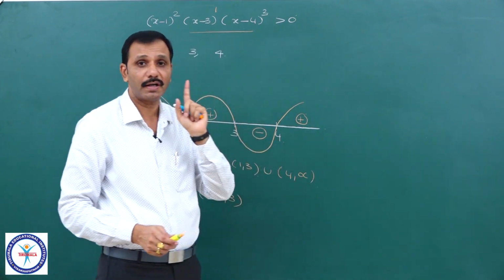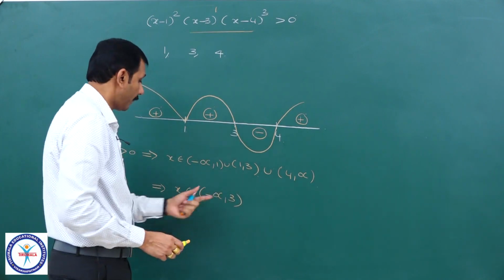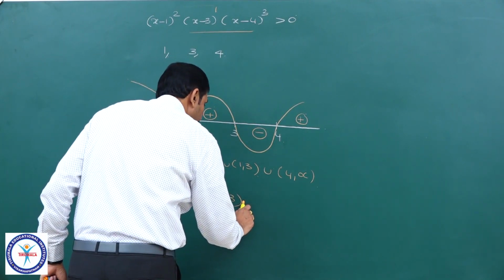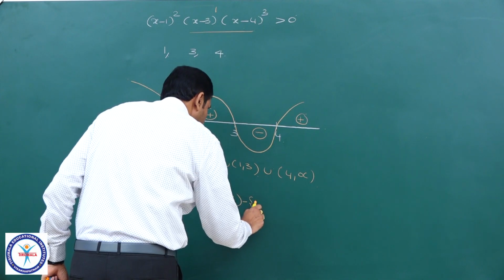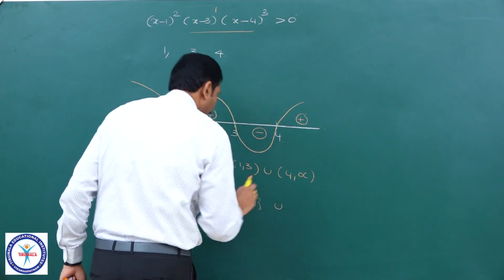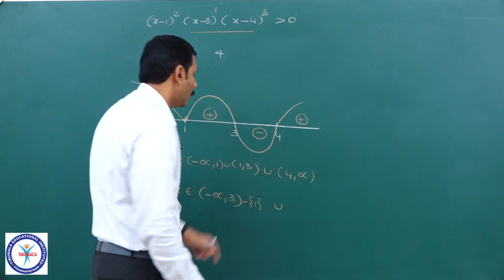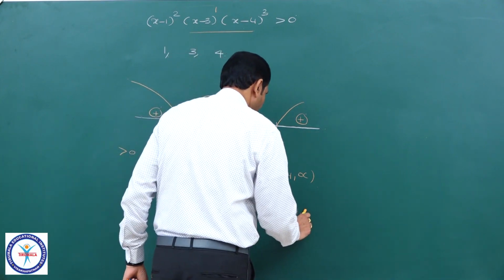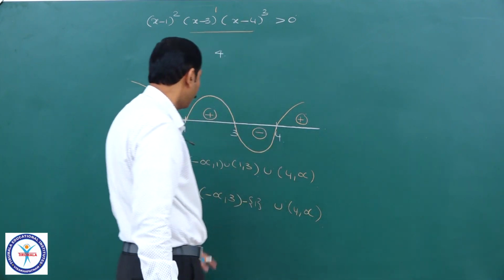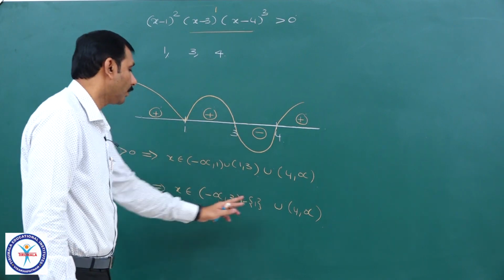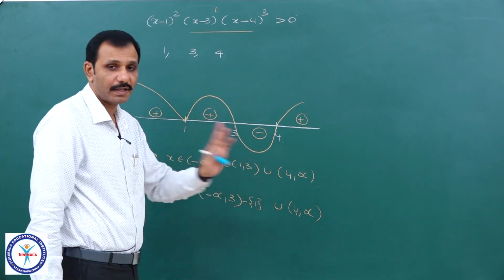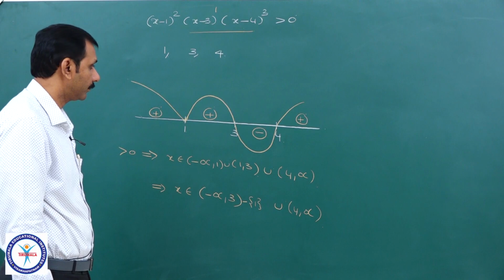That value should not be in this set. So I will write minus the set {1}, union, and here of course it is 4 to infinity only. Or I can also write minus infinity comma 3 union 4 comma infinity minus the set {1}.